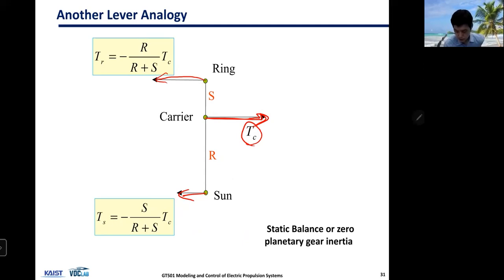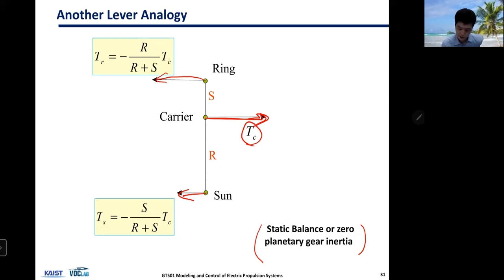So when you have these three torques applied on this lever, we can derive some static balance equations. If it's balanced, if it's a steady state condition, then we can derive static balance equations.